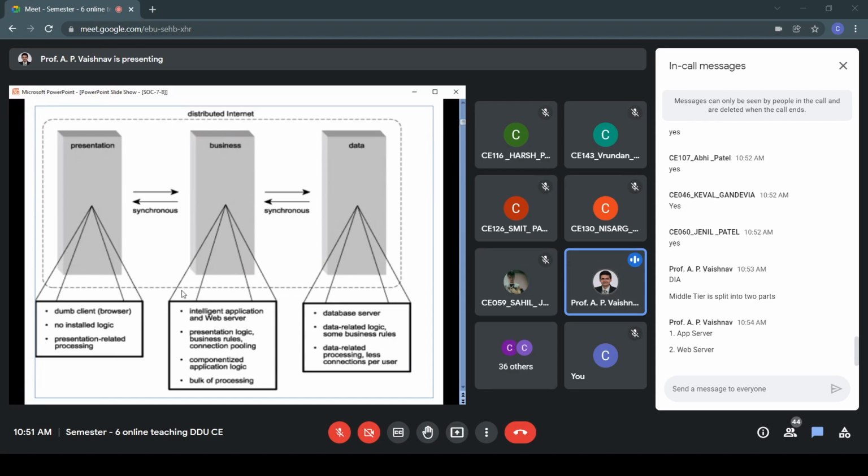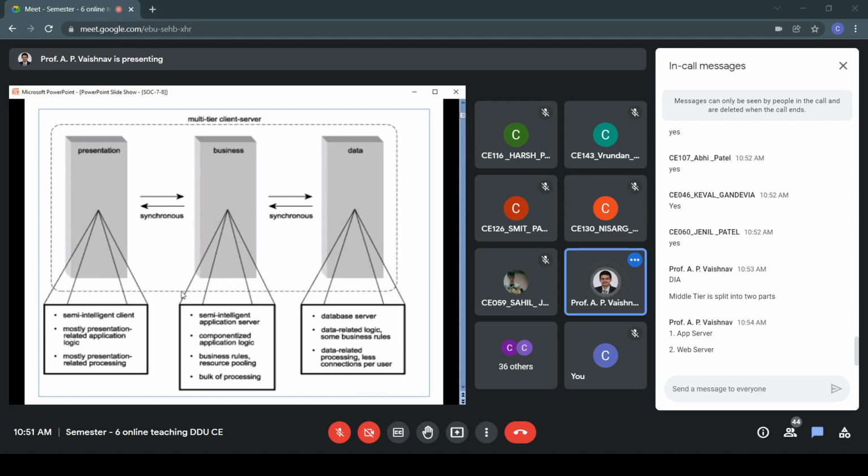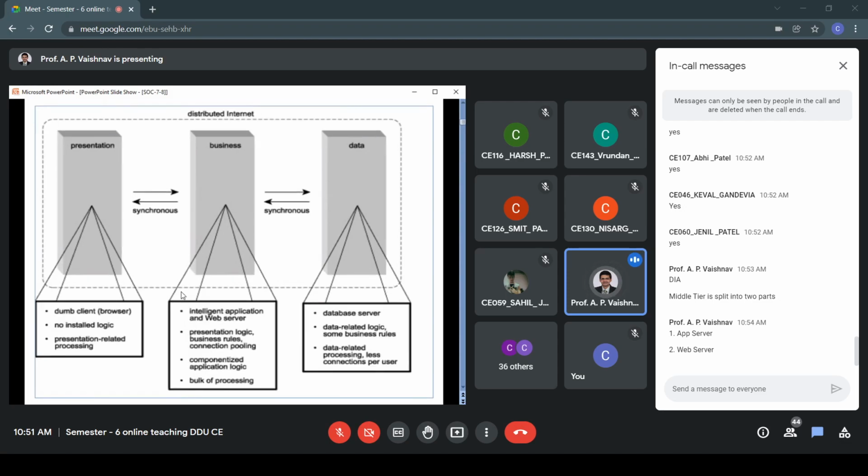If you compare this architecture with the previous one, which is more efficient? Multi-tier client server or DIA? Which seems correct, or which is a more appropriate solution, in other words?